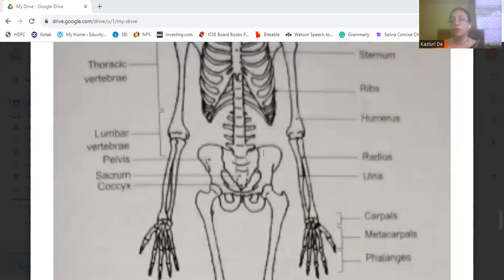So we have this pelvic girdle, this butterfly shaped region: ilium, ischium, and pubis. The upper wing region is the ilium. Then comes the ischium, and then the round shaped lower portion of the pelvis.